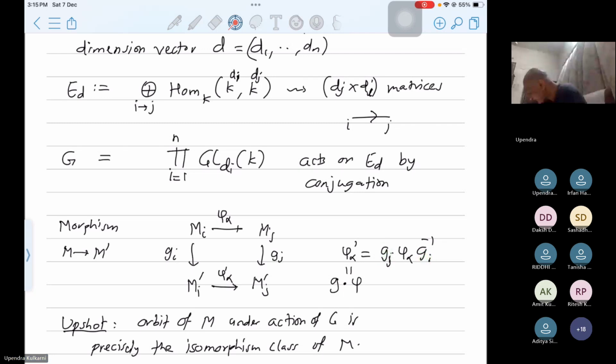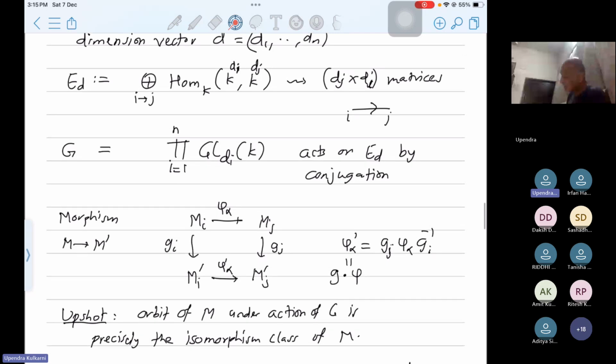Okay. So the upshot is that the isomorphism class of a given M, or you can just think of this as M with dimension vector d, is really this: I put these k to the d_i everywhere, take all such families of matrices, and take the quotient.